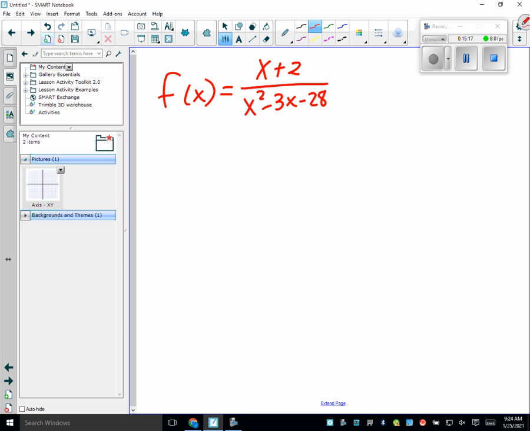Now, I want to show you all something here in a minute. Do you agree I need something that multiplies to negative 28 and adds to negative 3? Is that negative 7 plus 4? So x equals 7 and negative 4, right?